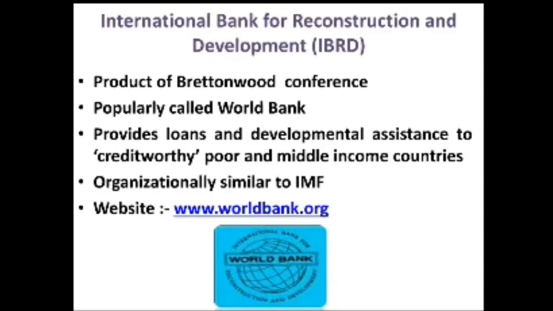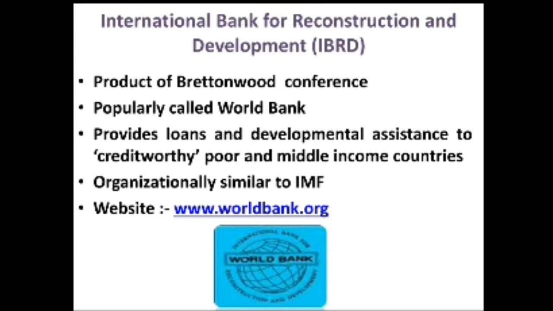Now, we shift our focus to the next Bretton Woods institution, namely the International Bank for Reconstruction and Development, popularly called the World Bank. The International Bank for Reconstruction and Development is the other institution which is a product of the Bretton Woods Conference of 1944.